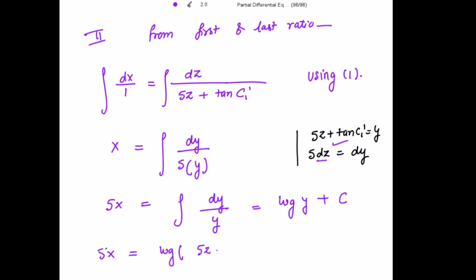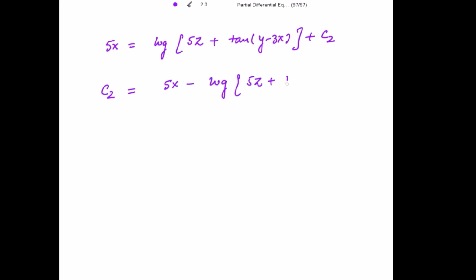It is 5z plus tan c1 dash, plus the constant. Let me name this constant as c2. We can put back the value of c1 dash: 5x equal to log of 5z plus tan of y minus 3x plus c2. So from here we get the value of c2 to be 5x minus log of 5z plus tan of y minus 3x.